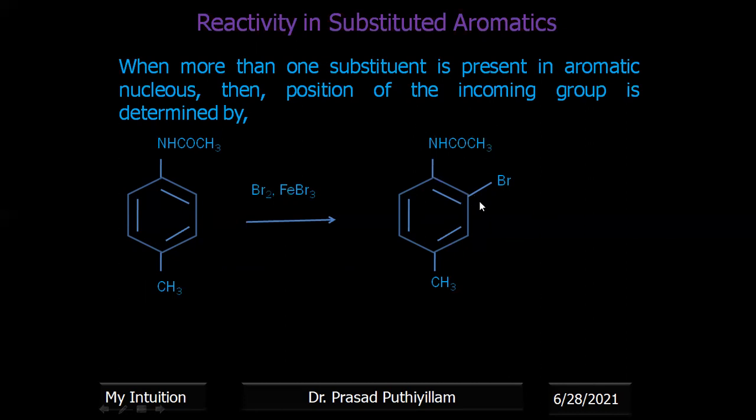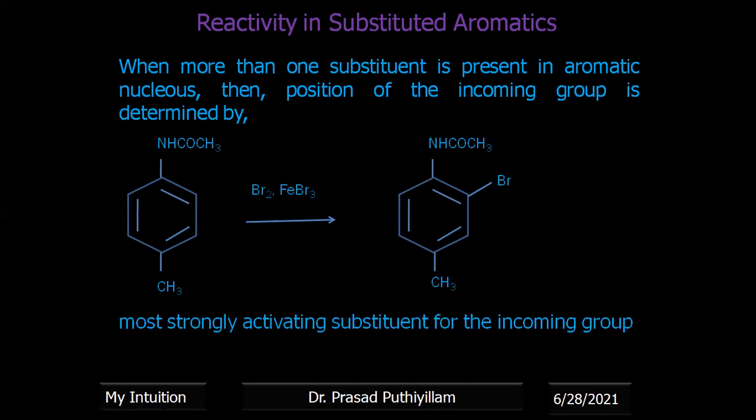Therefore, substitution will not take place at the meta position of the more electron donating group. It will go to the ortho position to that group. That means the most strongly activating substituent decides the position for the incoming group. So both are activating groups, but the most strongly activating substituent decides the position. Therefore, it is the ortho position.